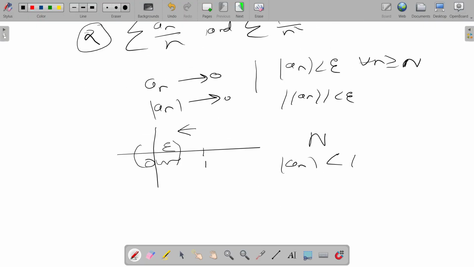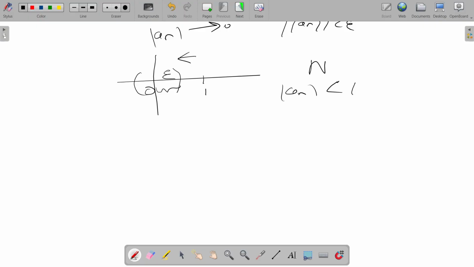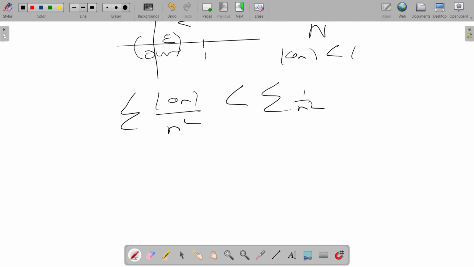Now we can actually use the comparison test here, because summation of mod a_n by n square will be less than summation of 1 by n square. We are not considering the finite terms, right? After finite terms, mod a_n will be less than 1, and so we can have this. Now this thing converges.